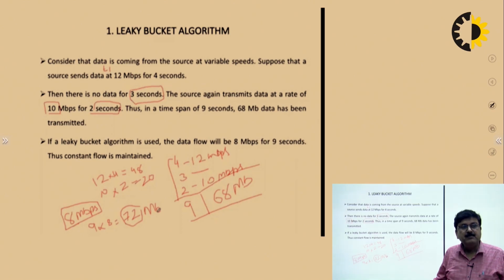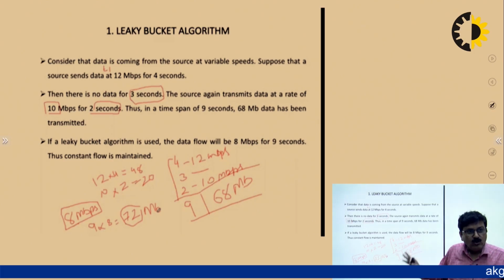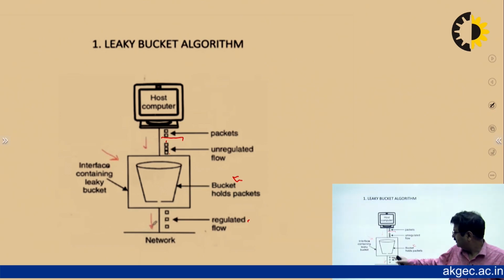But if the leaky bucket algorithm is used, the data flow will be 8 Mbps for the 9 seconds. That means for this whole data, in the end the data is coming out at 8 Mbps per second.